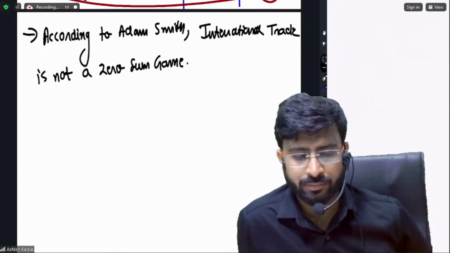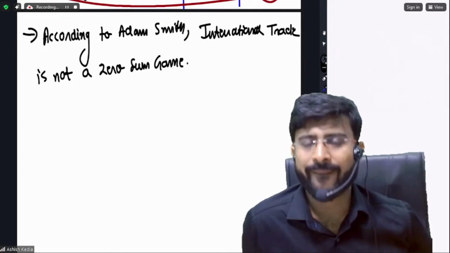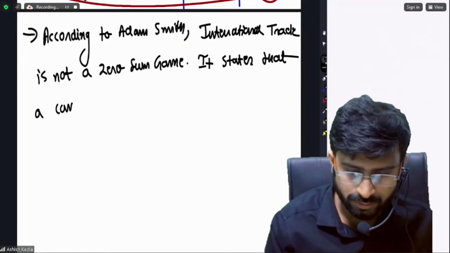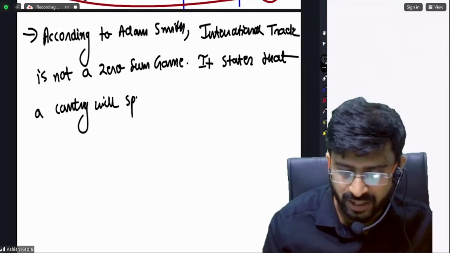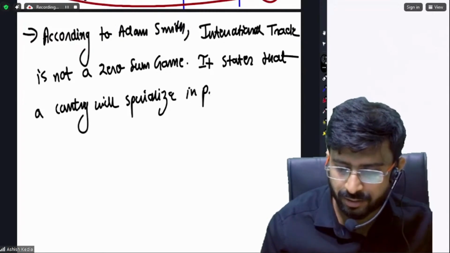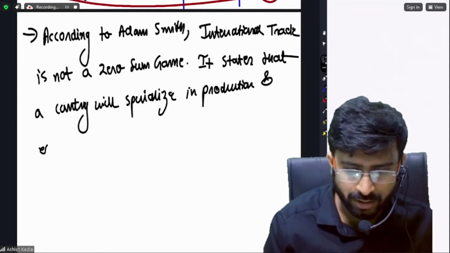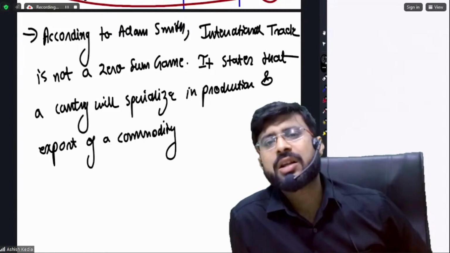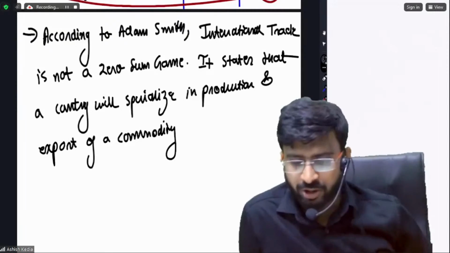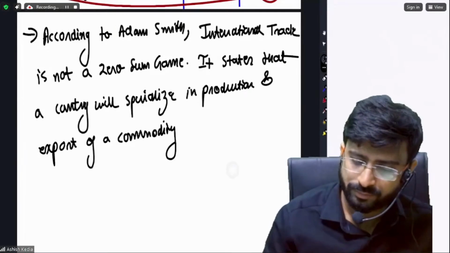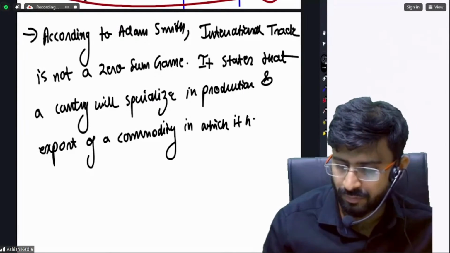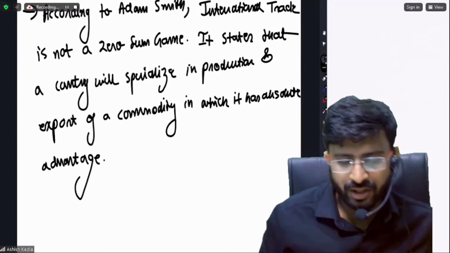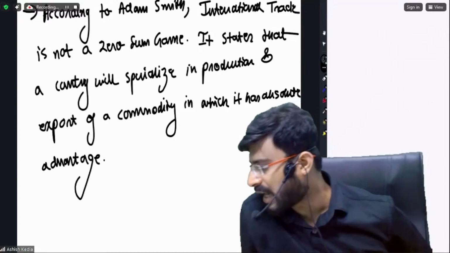It states that a country will specialize in production and export of a commodity in which it has absolute advantage.